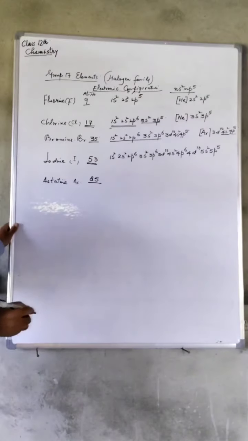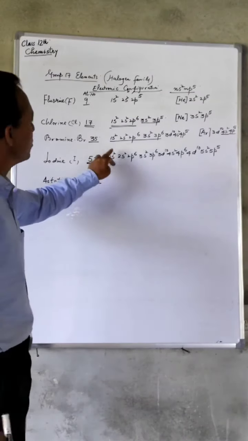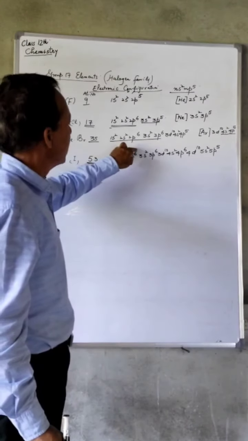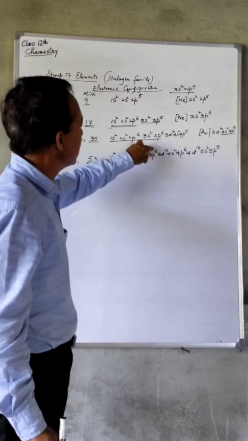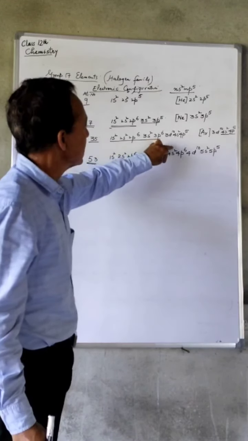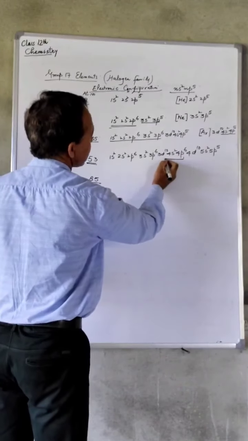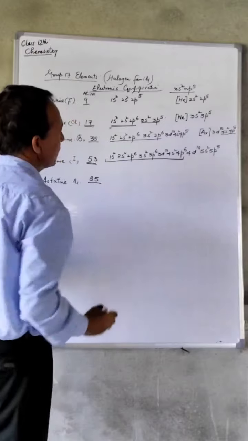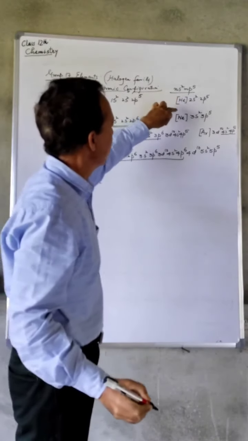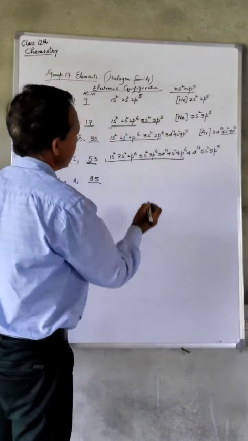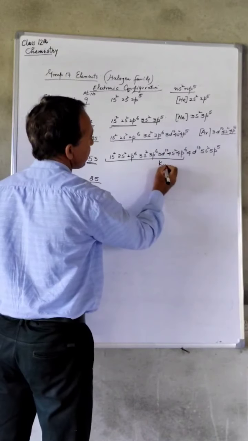We count the number of electrons: 2, 4, 10, 12, 18, 28, 30, 36. When it is 36, the noble gas configuration is krypton.